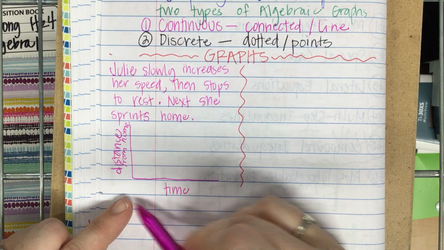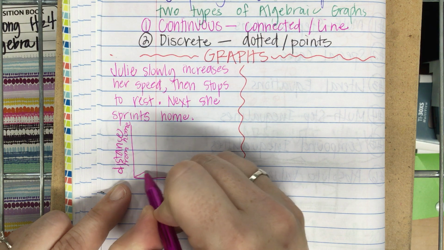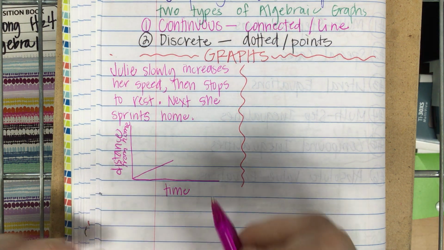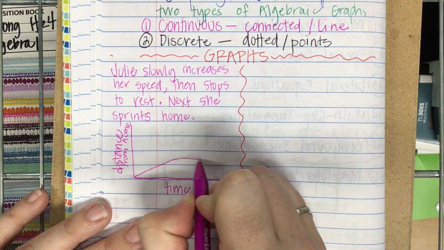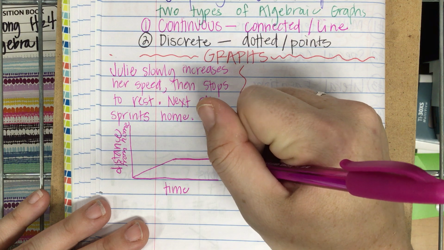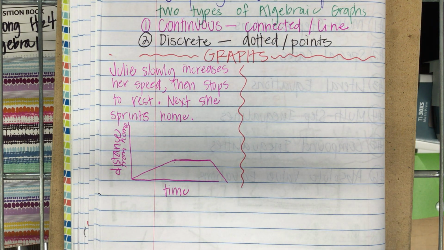If I was going to do time and distance from home, if she slowly increased her speed, then she stopped to rest, and then she sprinted home. If she starts at home and ends at home, that's what it looks like.